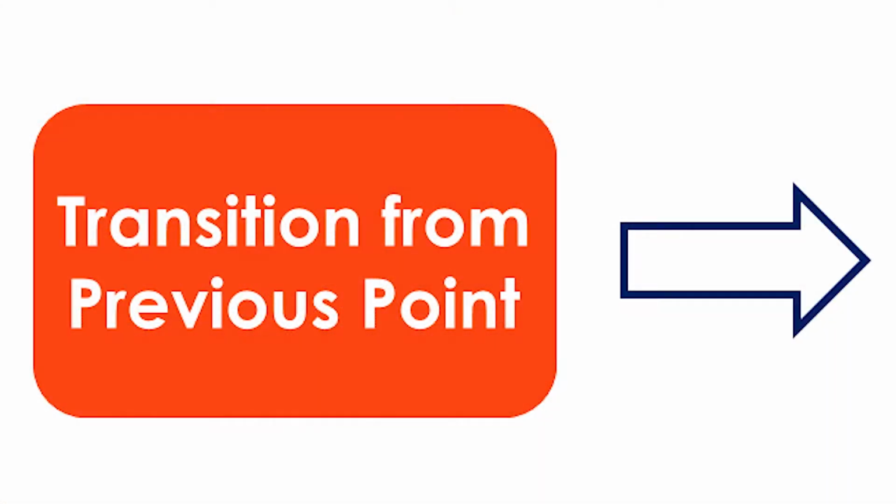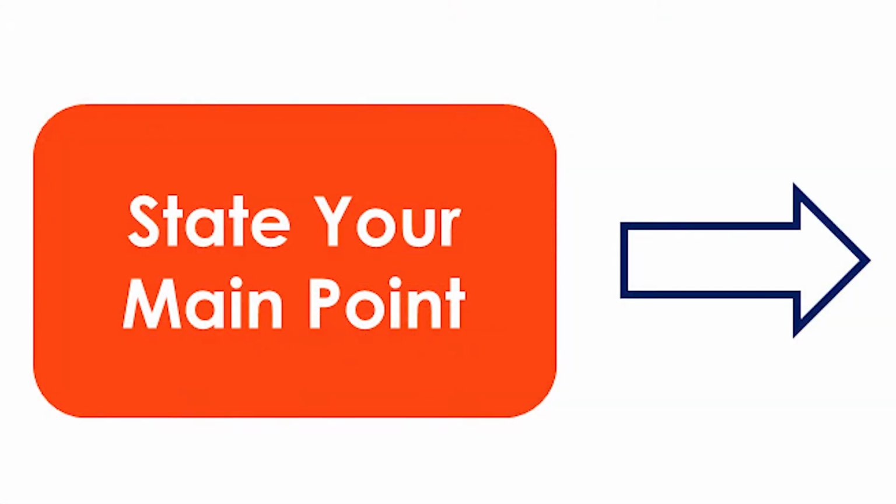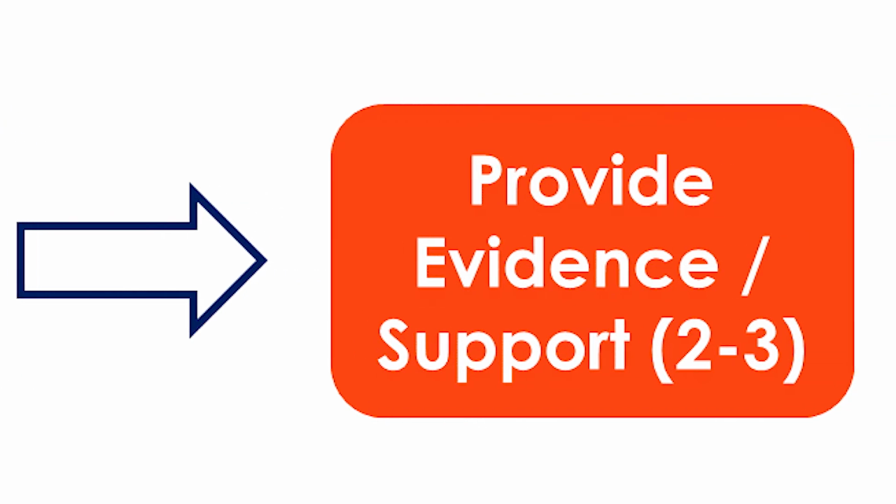Now let's talk about body sections. You'll then state your main point. This will align closely with the elements of that oral mapping statement that we talked about earlier. You'll then provide evidence to support that main point, typically 2 to 3 pieces of evidence.